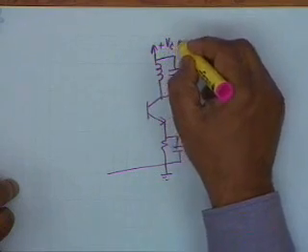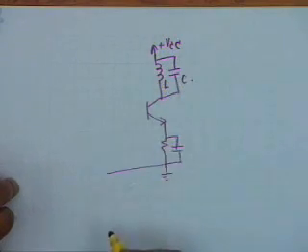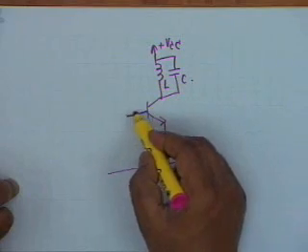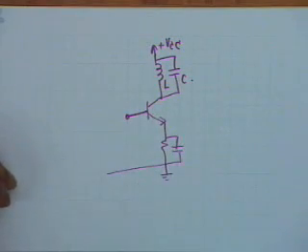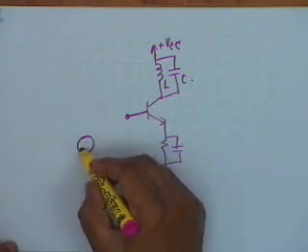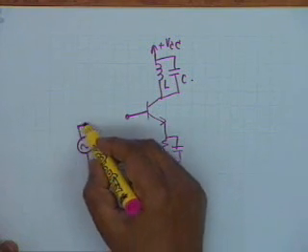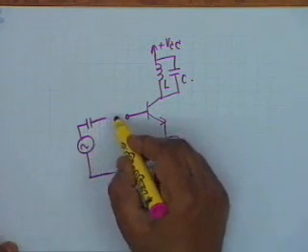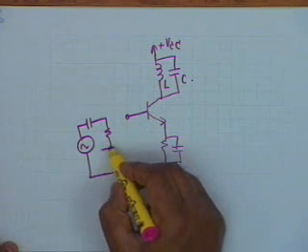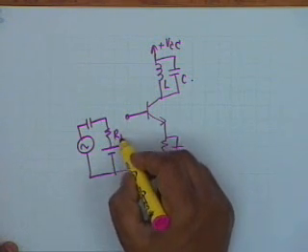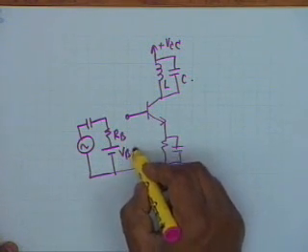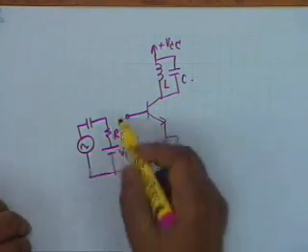This is plus VCC, L and C, and for simplicity, let us represent the biasing by this Thevenin equivalent circuit, that is RB and VBB.